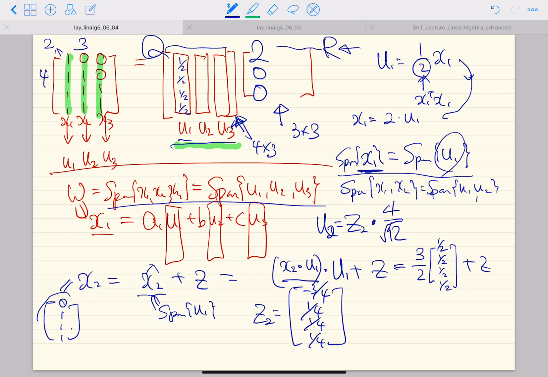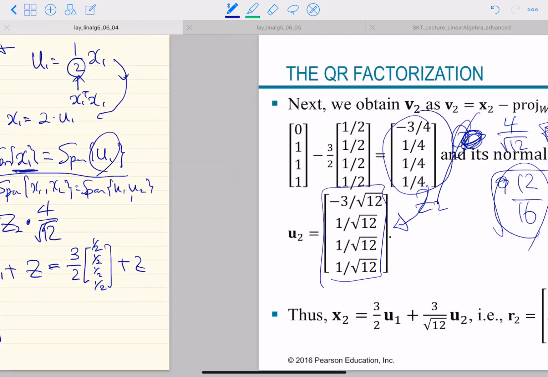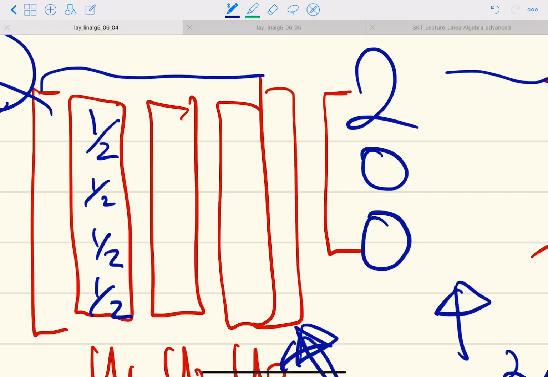Right, and then once performing this representation, we can obtain u2 over here, which is this guy. Okay, and so u2 is this.